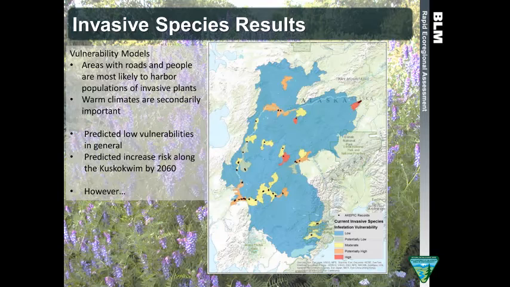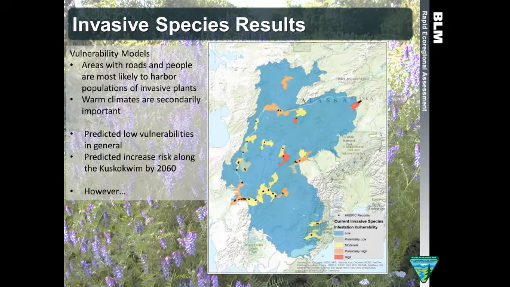So one of the things that we did was we looked at what kinds of climate or anthropogenic or environmental variables are associated with areas that have weed problems across interior Alaska, and that's what this map is showing. The areas that are modeled to have low probability of invasion are shown in the cooler colors, and the higher probabilities of having weedy messes are shown in the warmer colors.